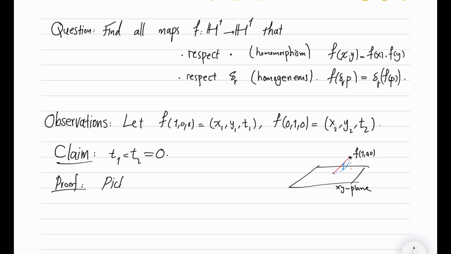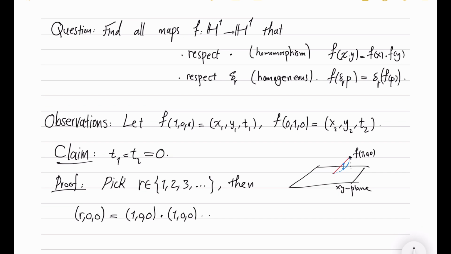Pick r in the integers, then (r, 0, 0) will be a certain number of group multiplications, because we're multiplying the same value. There won't be a twist, so this will be just the Euclidean multiplication, which is addition of these, r many times.